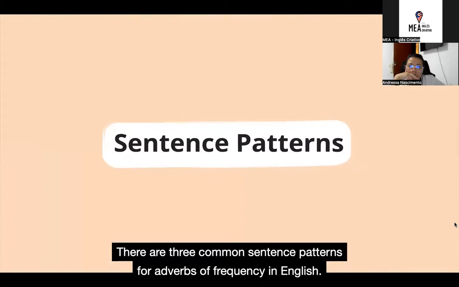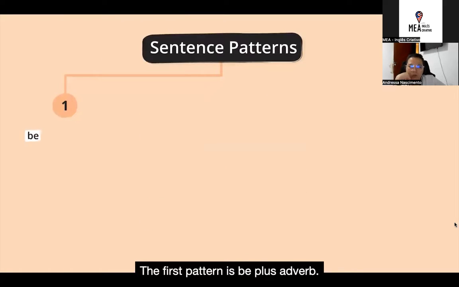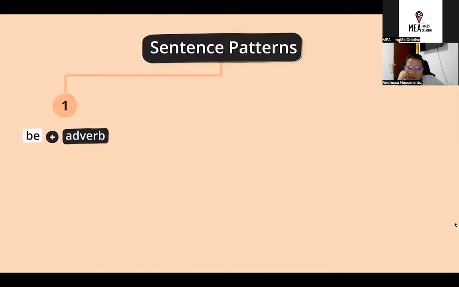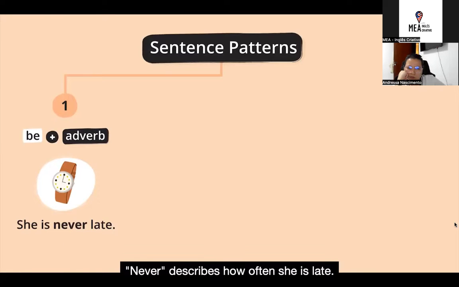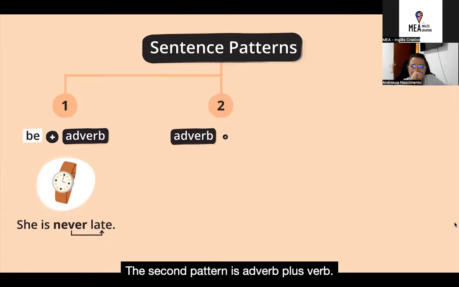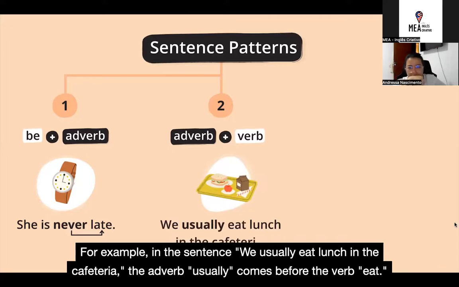There are 3 common sentence patterns for adverbs of frequency in English. The first pattern is be plus adverb. For example, in the sentence, she is never late, the adverb never follows the verb is. Never describes how often she is late. The second pattern, adverb plus verb. For example, in the sentence, we usually eat lunch in the cafeteria.